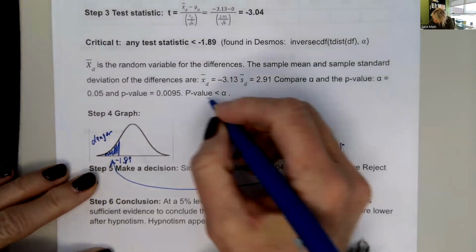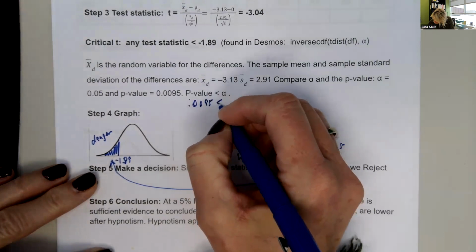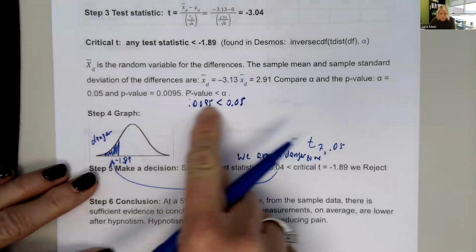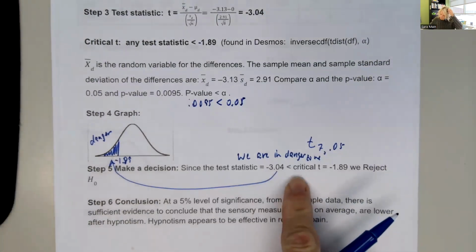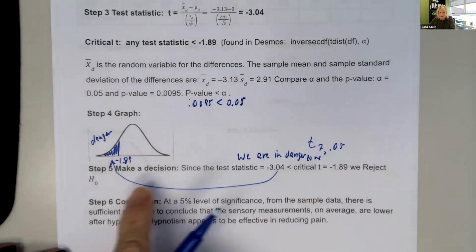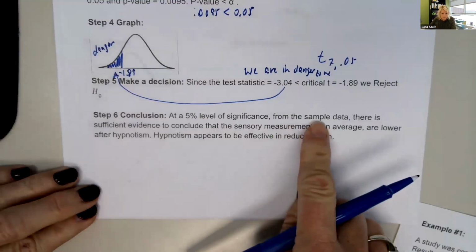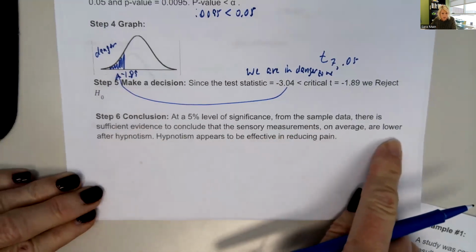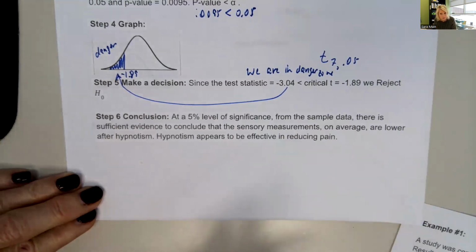So my p-value is 0.0095, which is less than 0.05. So this is the p-value approach. This is using the classical approach, but either way, we reject H0. So at a 5% level of significance, there is sufficient evidence to conclude that the sensory measurements on average are lower after hypnotism. Hypnotism appears to be effective in reducing pain.